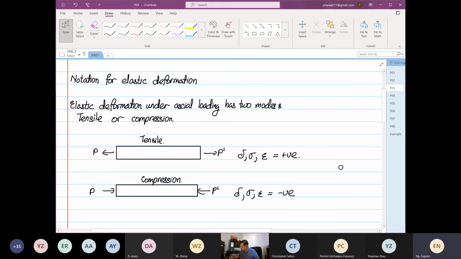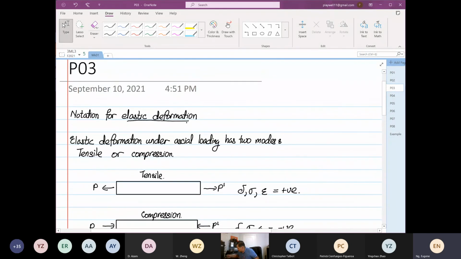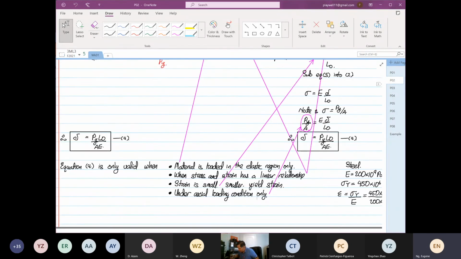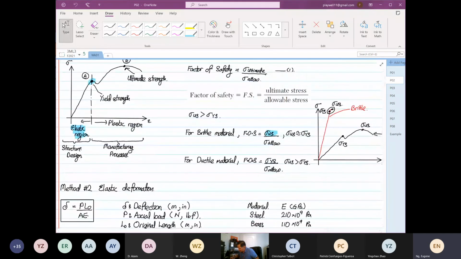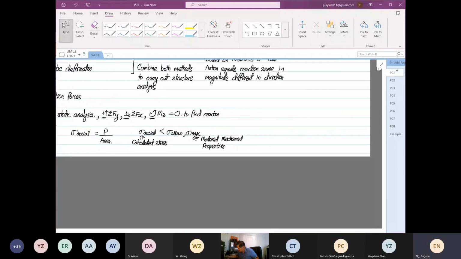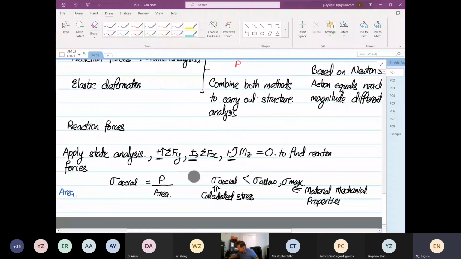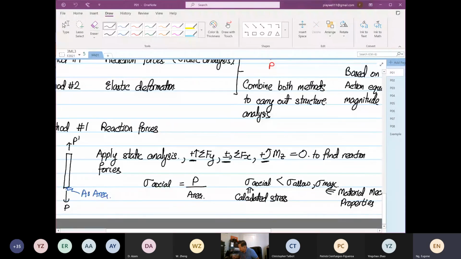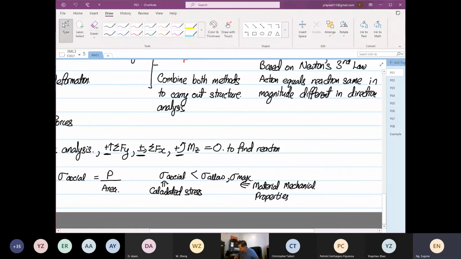Okay. Now this is for elastic deformation. Let me recall back when I wrote up static analysis. When we were doing static analysis, our positive and negative depends on our transformation, yes or no? So for this case, where summation of forces in y, x, and rotation about z is positive, it is because we apply the right hand rule.